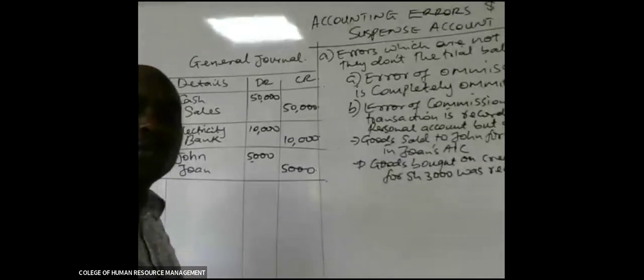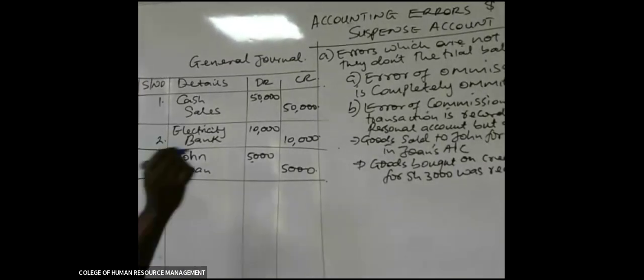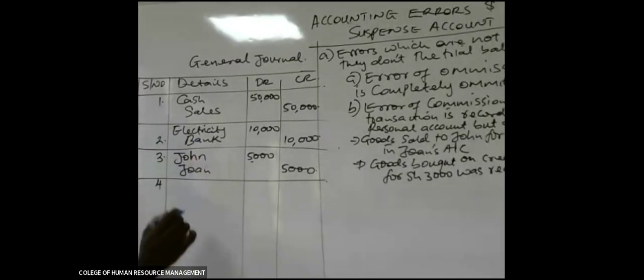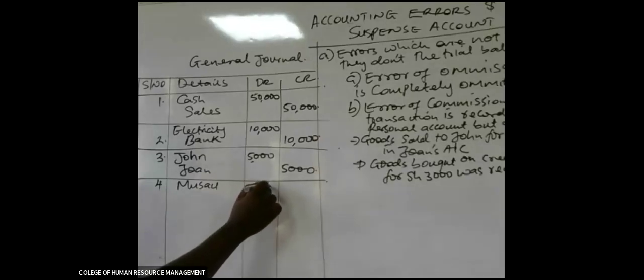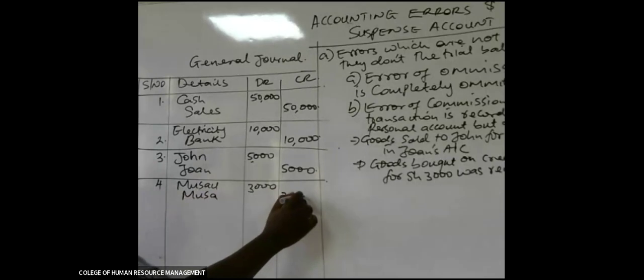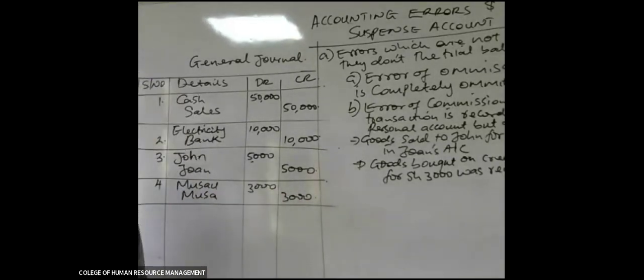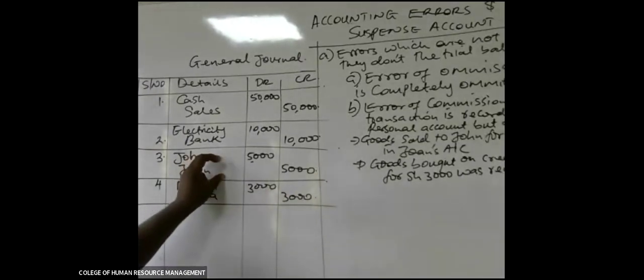So what do you do? Musau, because he was credited by mistake, you will reverse that, you will cancel that transaction. You will now have to debit Musau by 3,000. Then you credit the correct person who is Musa, 3,000. That is what you need to do. When it comes to sales, we debit the customer.